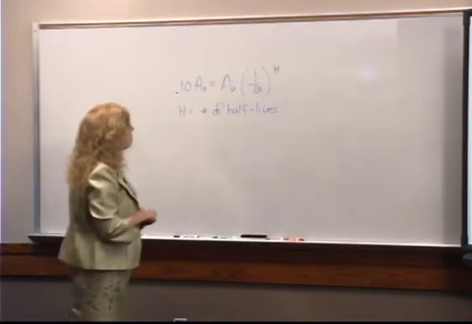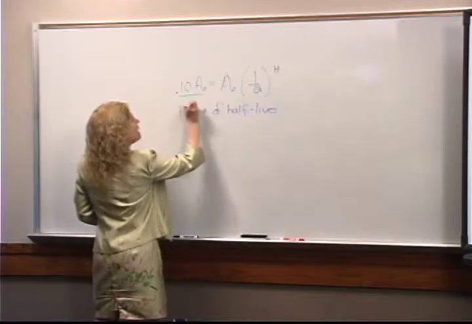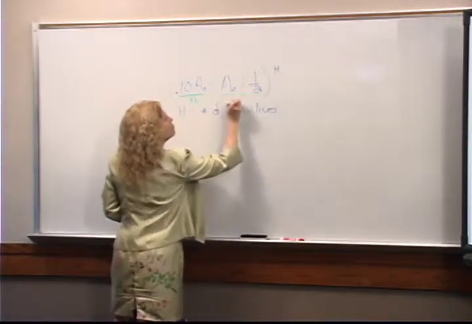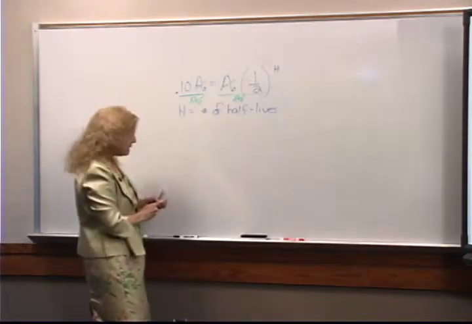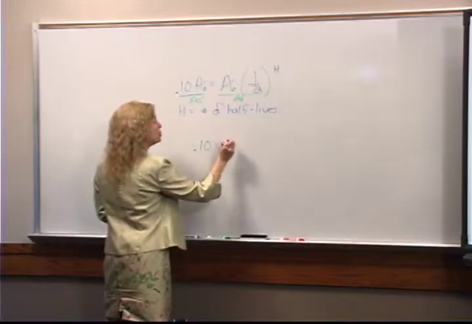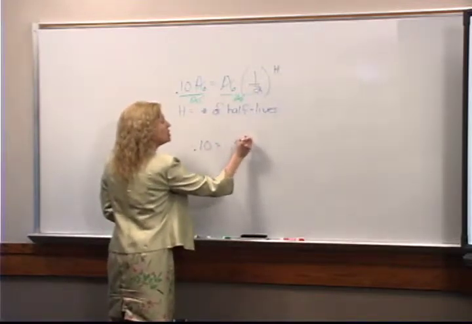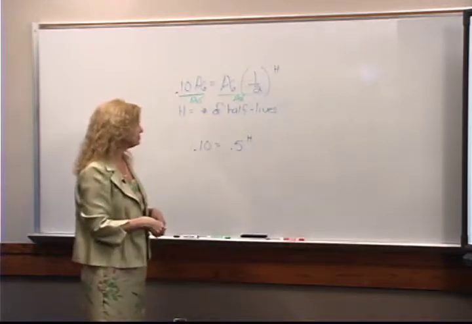Okay. Well, now, to solve it, do you realize the first thing we can do is divide that a naught off of both sides? So I immediately get that 10% is equal to 0.5 raised to the power of however many half-lives.